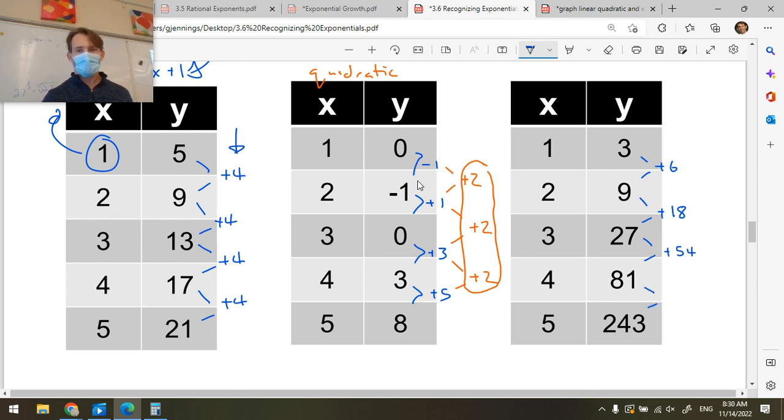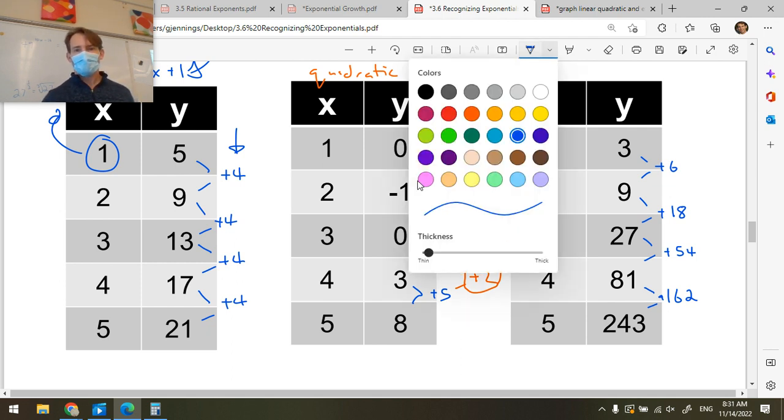And 81 growing to 243. Well, that increased by 162. So notice that if I then do second differences, I'm not going to see a constant pattern. It's growing by 12, then something bigger than 12, and then again something bigger than 12.